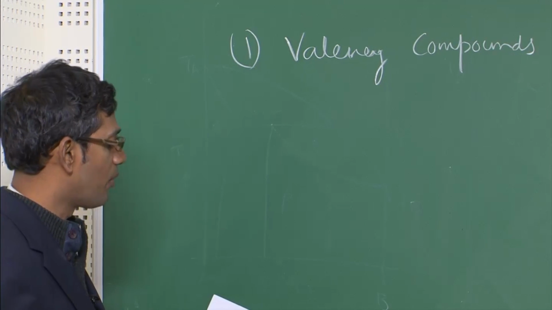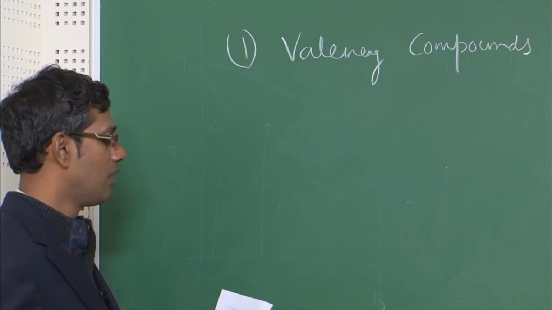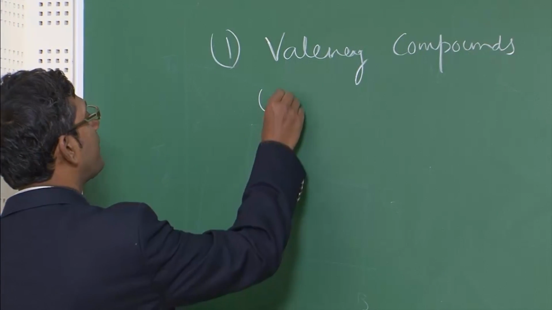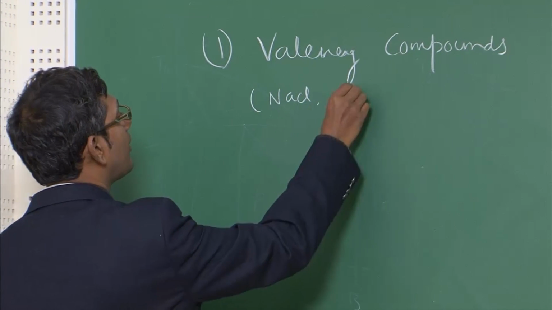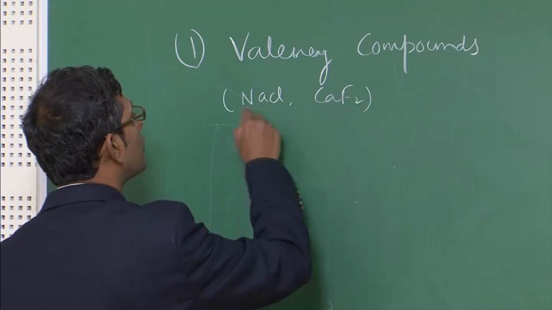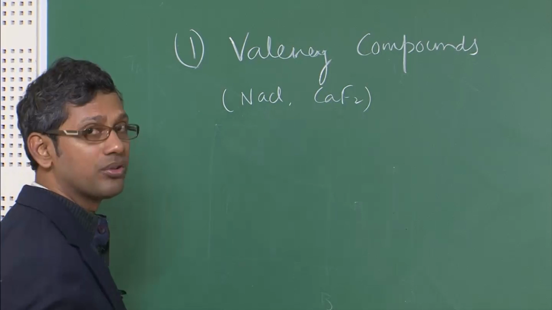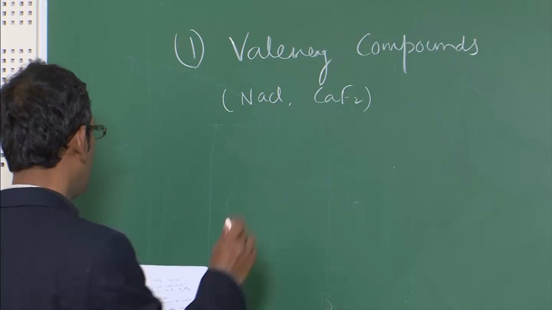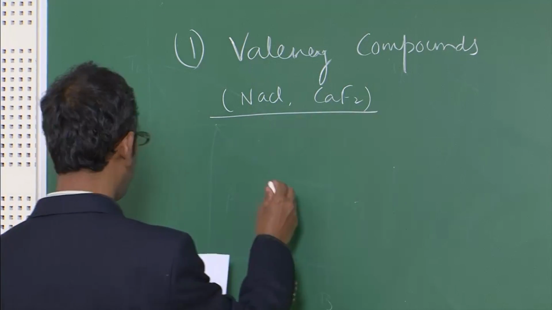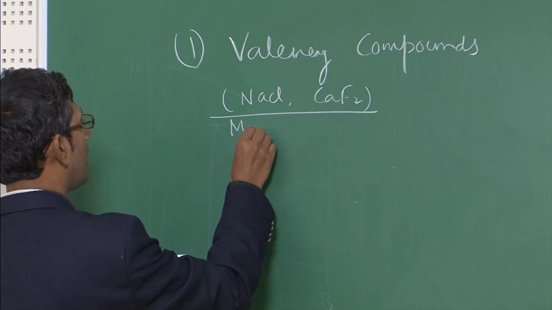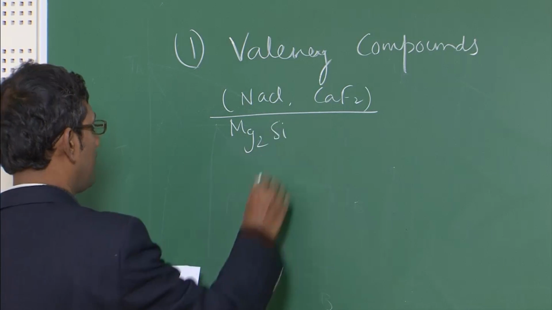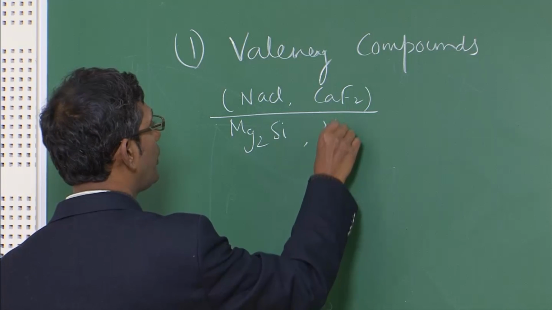There are many such compounds which obey this rule, and they can have these two compositions, NaCl or CaF2, sodium chloride or calcium fluoride. Both are ionic compounds, both are valency compounds. I will give you examples in intermetallic phases. These are Mg2Si, Mg2Sn which I have shown you.